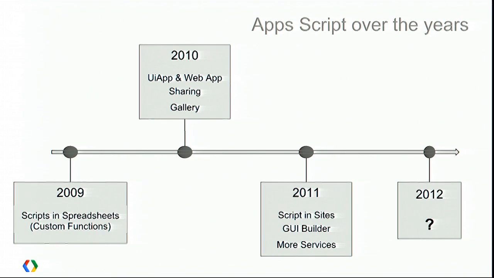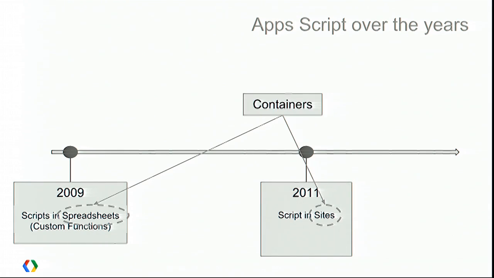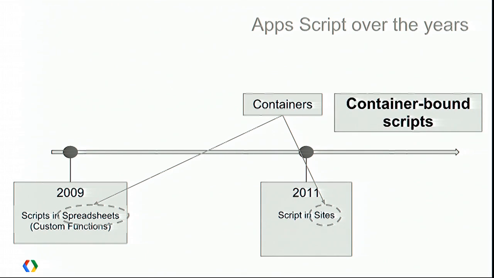So what's such a big deal about this whole create part of the story of Drive Eye? Well, we let you create scripts, but only from sites or spreadsheets, right? So a lot of our users ask us, why are you hiding this product? And we used to say, well, you can create container-bound scripts. That was our origin. But with script.google.com, now you no longer have to create a spreadsheet to create a script.